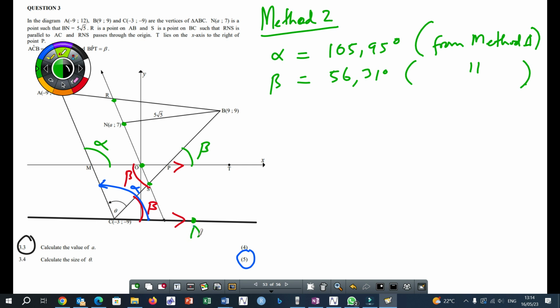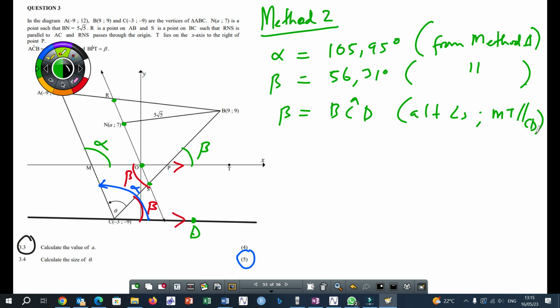Let's put G. So what that means is that beta is going to be equal to BCD based on my diagram. Beta is going to be BCD, and these two are alternate angles. Then I can state here that MT is parallel to CD based on my diagram.